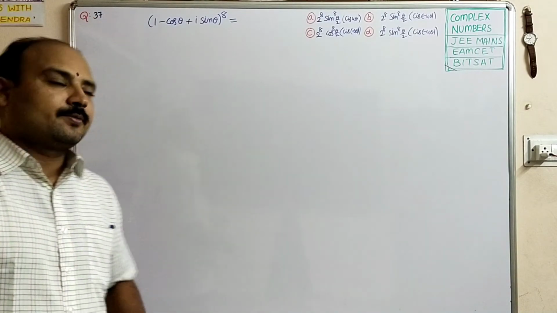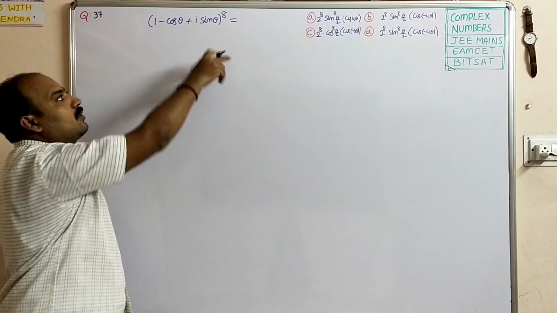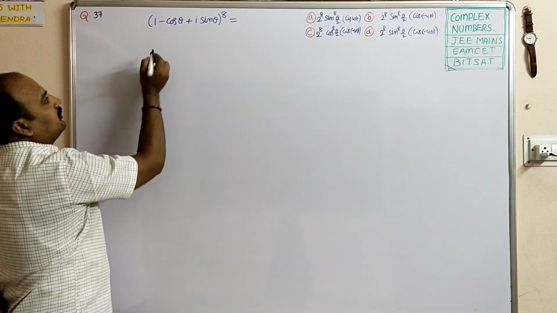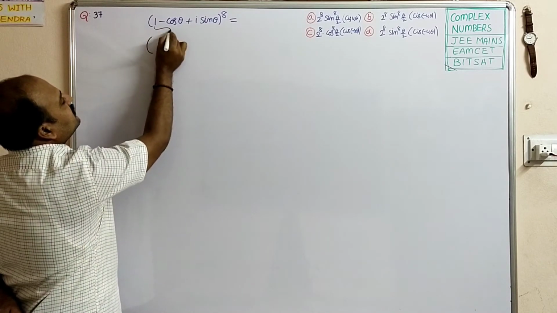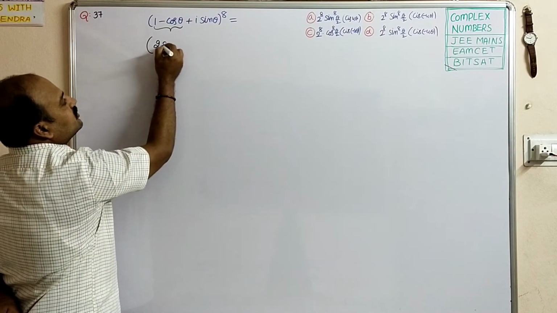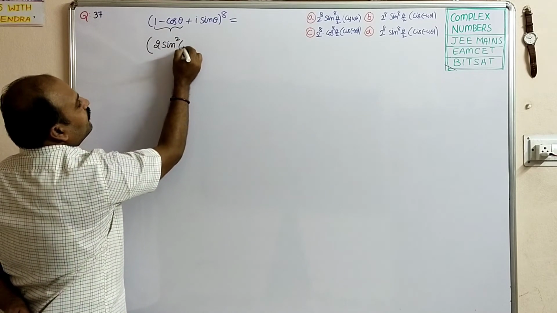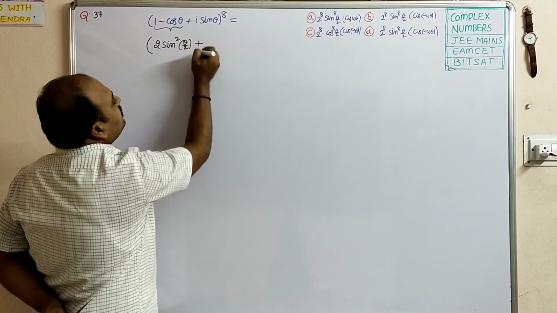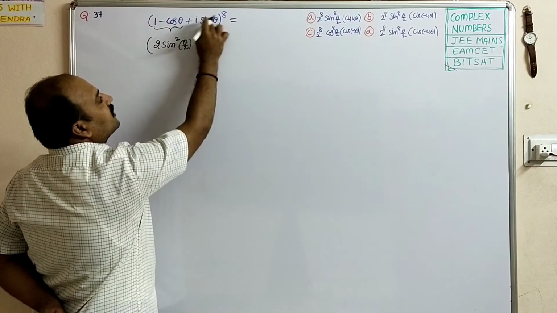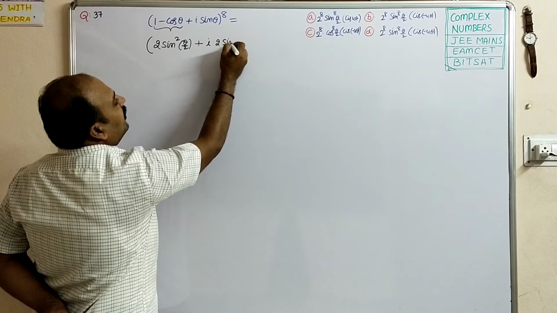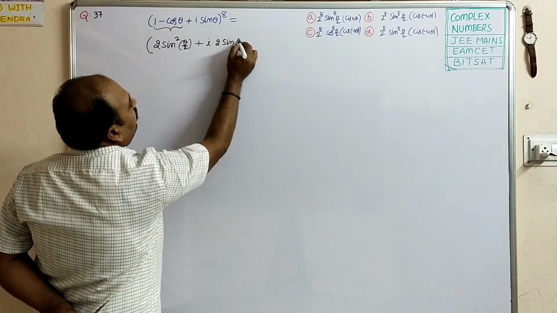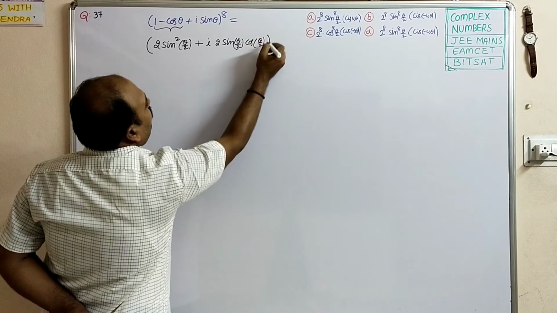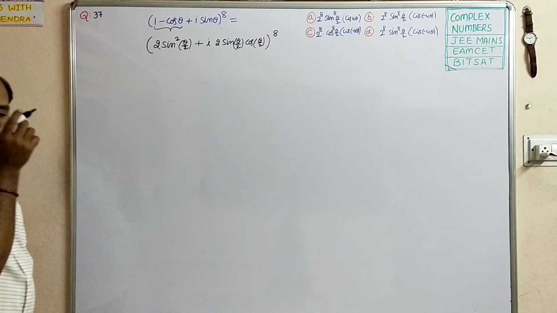The next question, 1 minus cos theta plus i sin theta whole power 8. See here, 1 minus cos theta is 2 sin square theta by 2, plus i into sin theta, 2 sin theta by 2 into cos theta by 2, whole power 8.